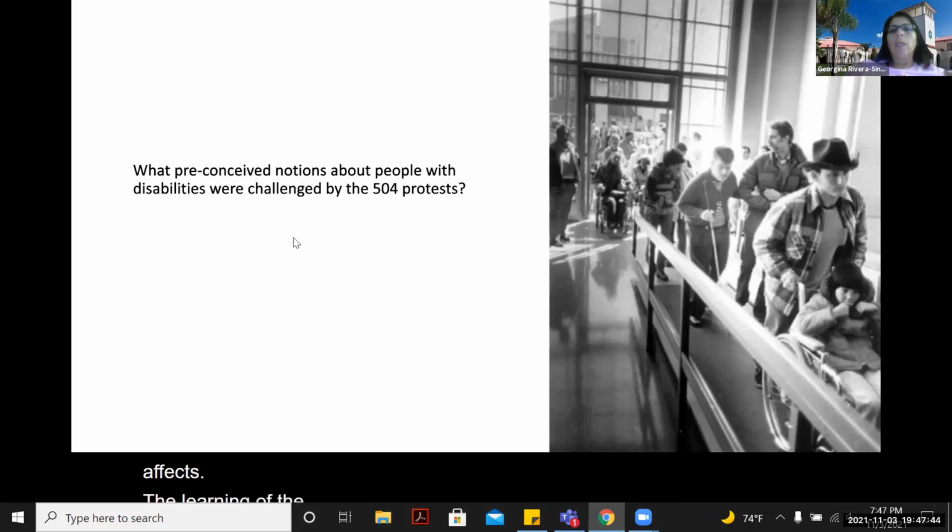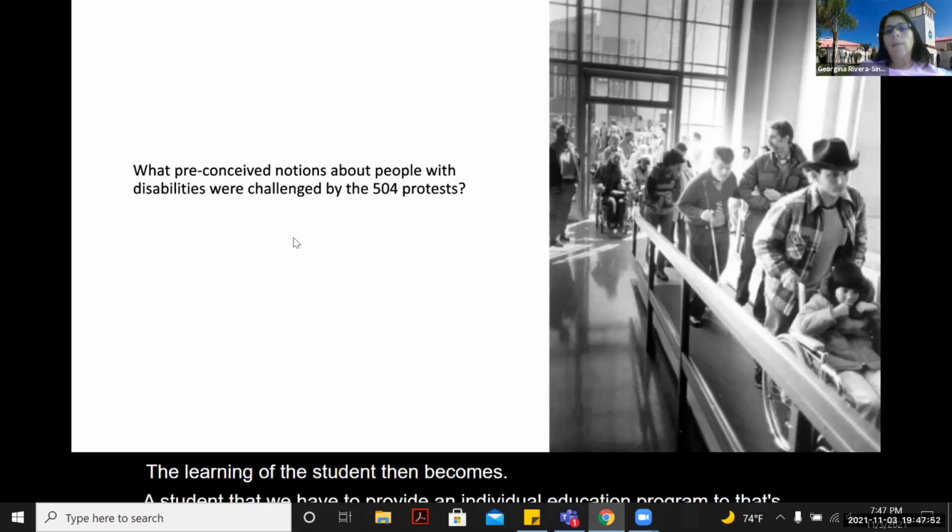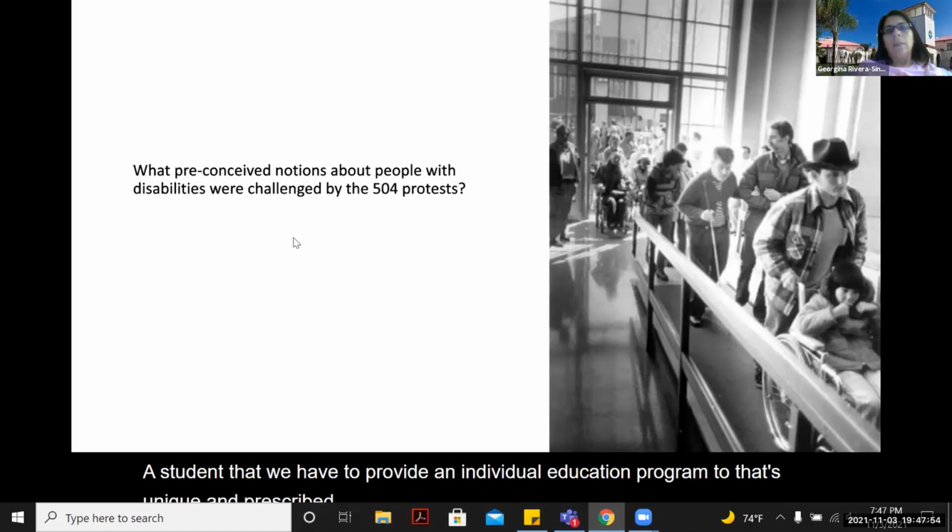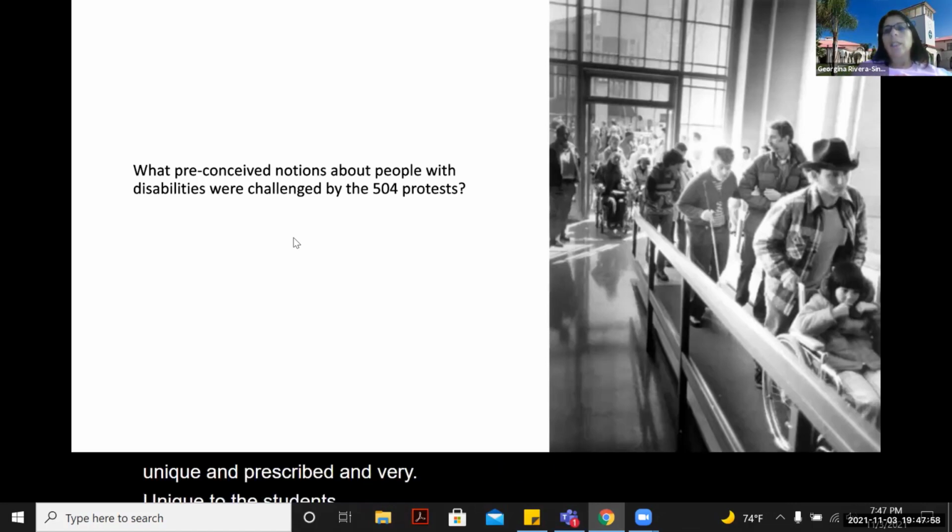Then that becomes a student that we have to provide an individual education program to, that's unique and prescribed and very unique to the student's needs, and no one else's needs are considered except the one student.